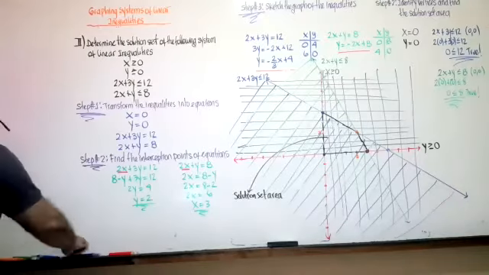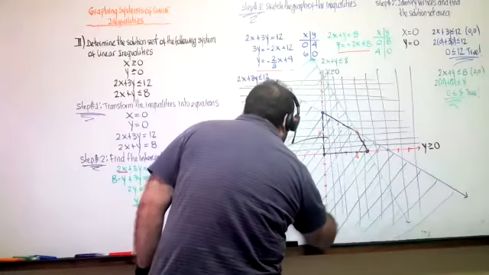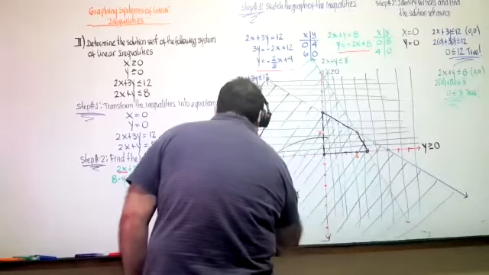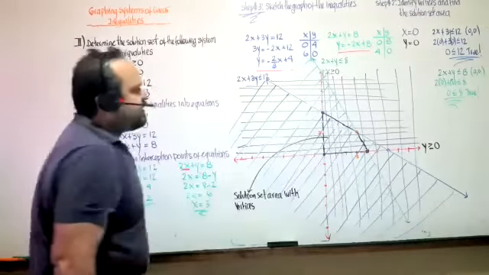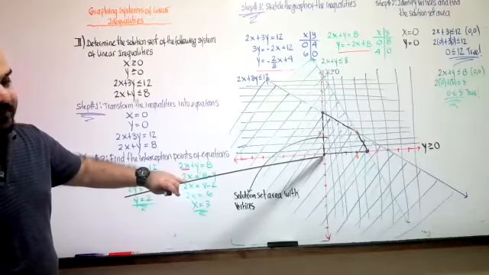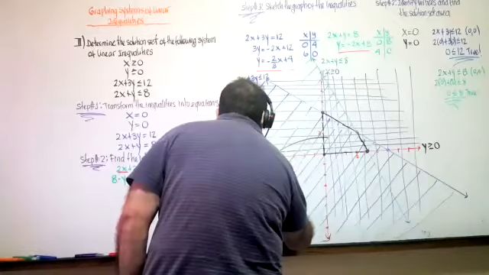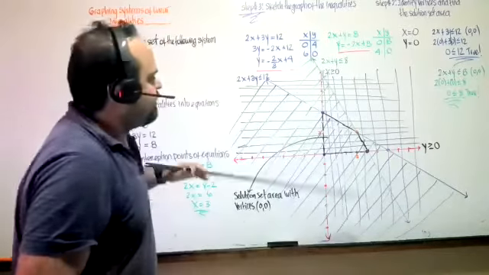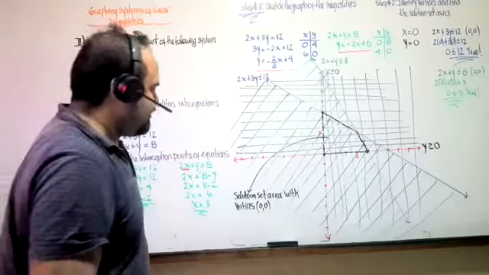Solution set area with vertices. What will be the vertices? This one will be 0, 0. It doesn't matter the order. This one will be, remember, 1, 2, 3, this is going to be 0, 4.